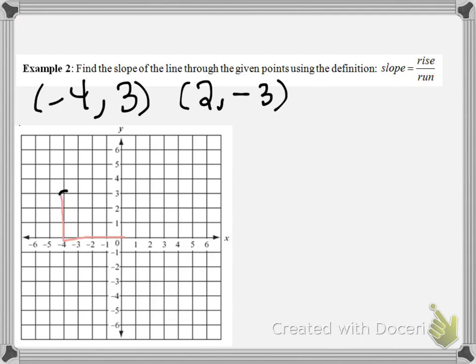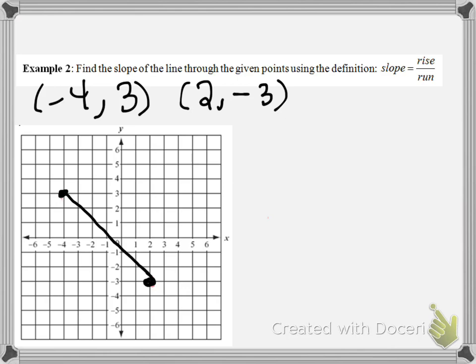I'm going to plot the point. We stop here. Let's go over to +2, then go down 3. So I'm going to plot my point here. Now let's connect it. I'm going to erase these little pink marks I made. Now we're going to connect our points to make that line. It's kind of ugly, but it's okay.